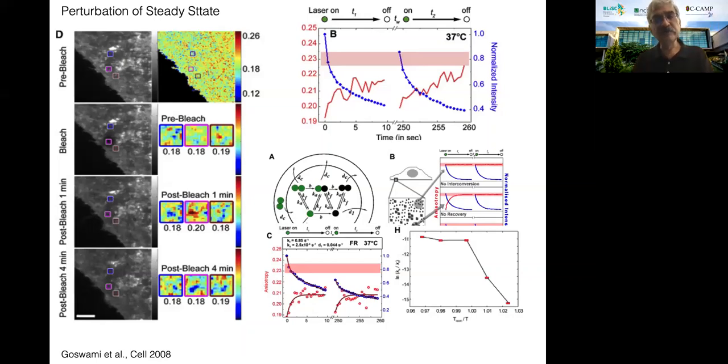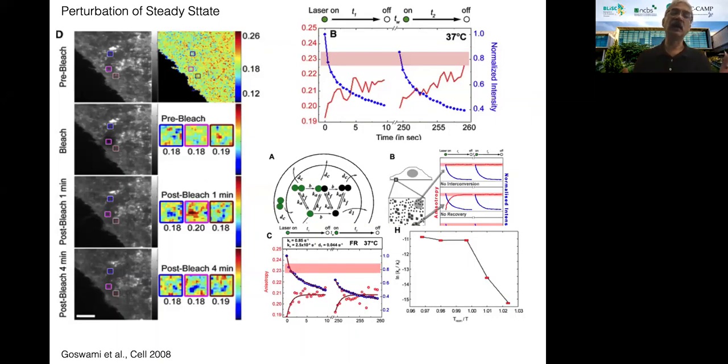And we could fit the data, as I show you here, provided we assumed a couple of things. One, that the clusters were immobile, and two, that the clusters themselves were very small, and when they fragmented, they went from either trimers or dimers to monomers.